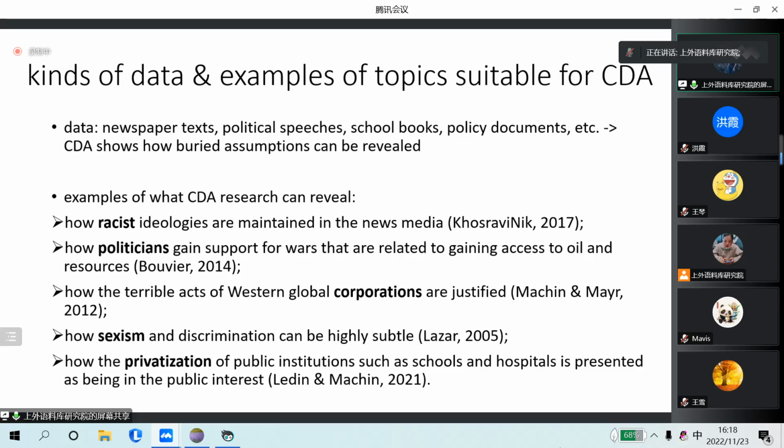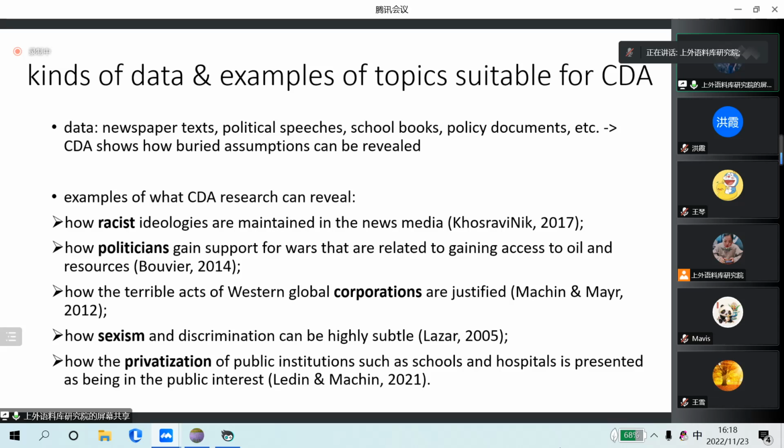Let's look at the kinds of data and examples of topics that are suitable for CDA. Traditionally, CDA looked a lot at newspaper texts, political speeches, school books, policy documents, and so on. And there it tended to look at how buried assumptions can be revealed, the same as we're going to be doing today, but with social media.